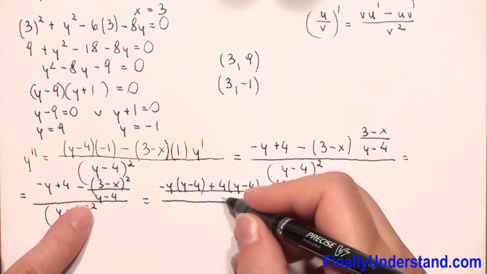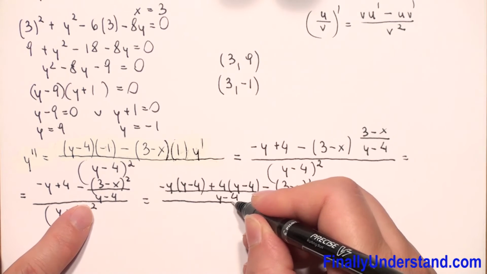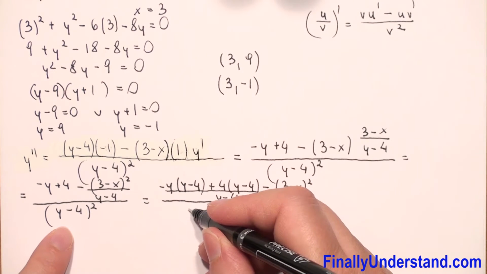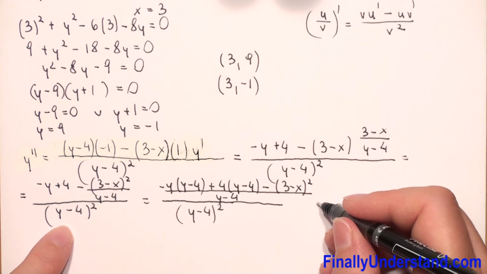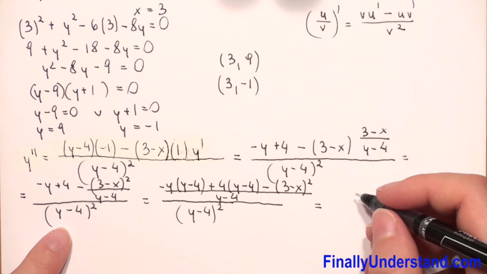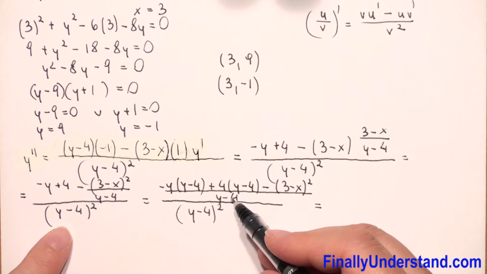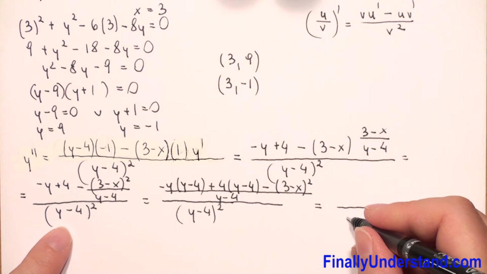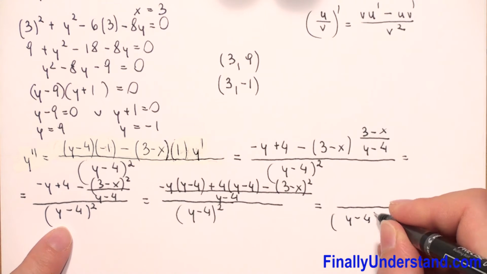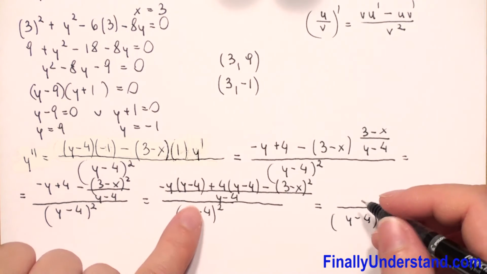Everything will be over y - 4, and we have denominator (y - 4)^2. So this is equal. We can take down this y - 4, so now we will have in the denominator (y - 4)^3.